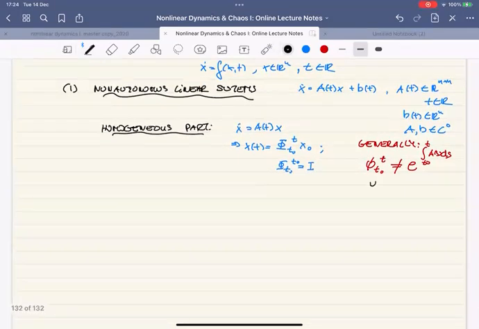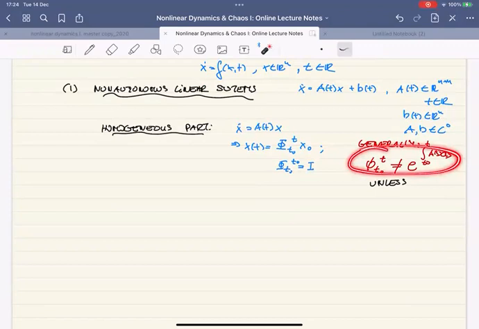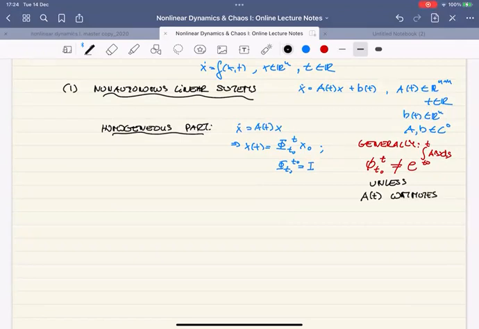So I would say, and this is the thing to remember, this should be your guiding rule, because the unless is a very rare case: unless A of t commutes with, say, the integral from t naught to t of A of s ds, which generally speaking have very little to do with each other.